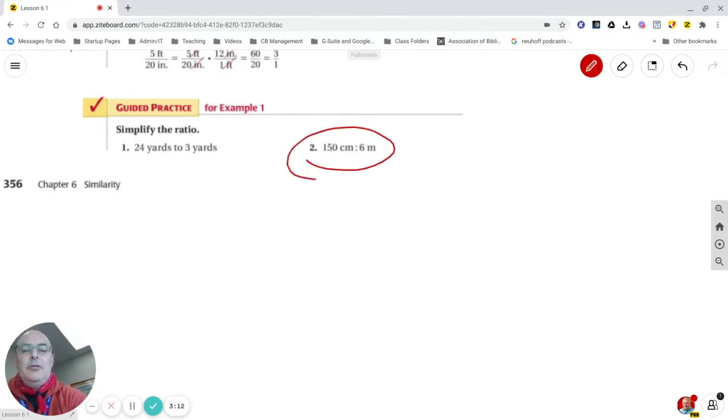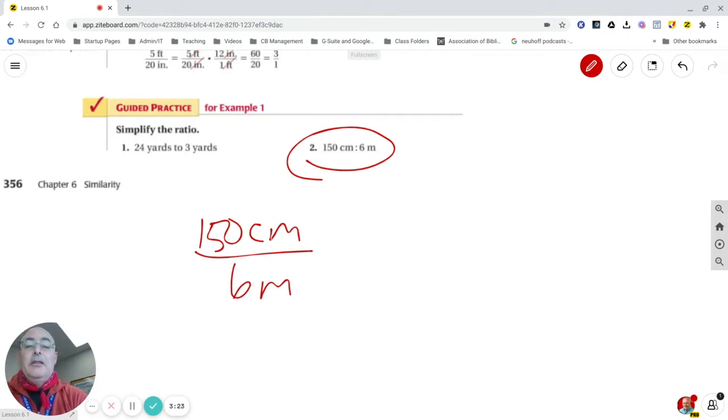For this example, number 2, we would have the same situation where we begin with 150 centimeters to 6 meters. We recognize that we need to do a conversion. Well, we need meters on the top, so we know that's times 1 meter is 100 centimeters.